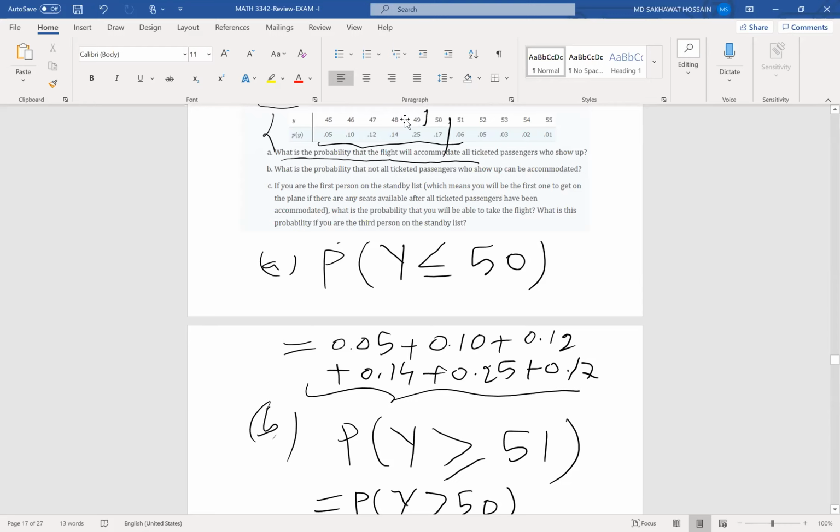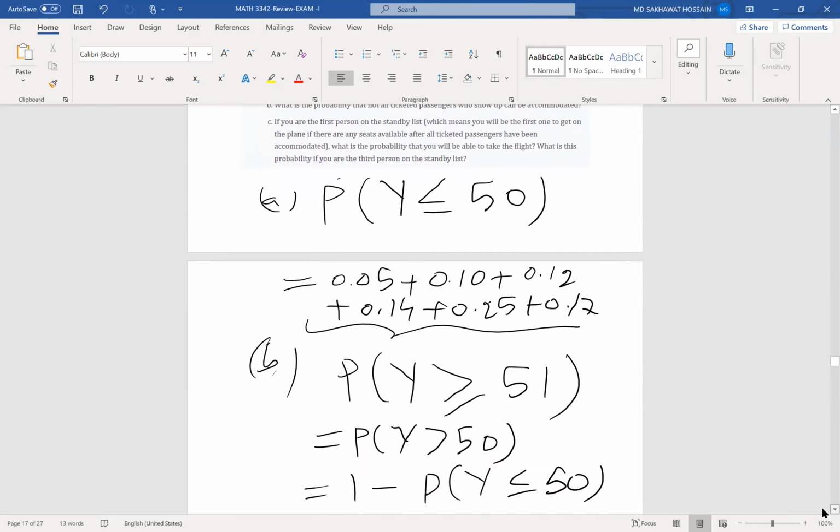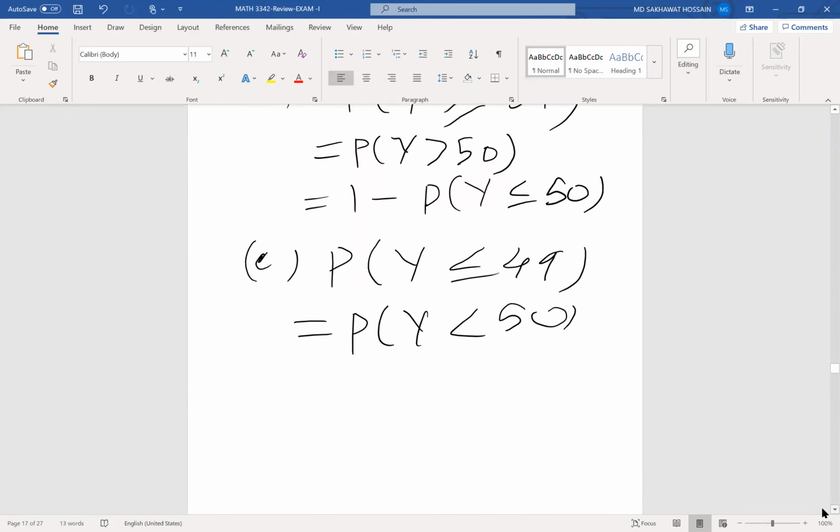If there are 48 ticketed passengers, then 2 people can get on the flight, but you are the third person. So you will get on the flight only when the number of passengers who showed up is 47 or less than 47, right? So for this part, we are looking for the probability where y is less than or equal to 47.